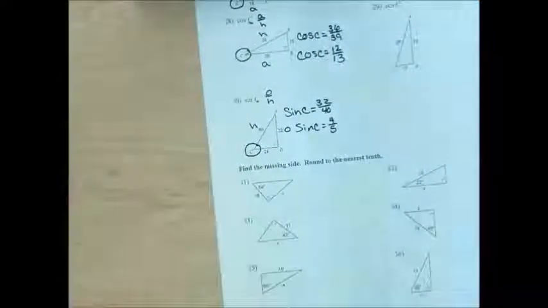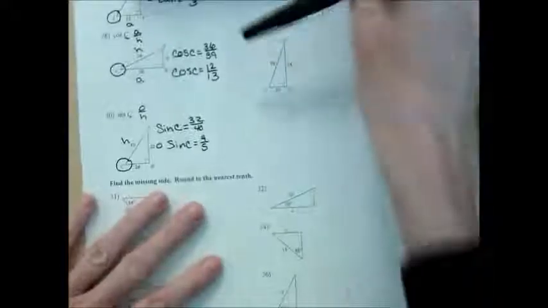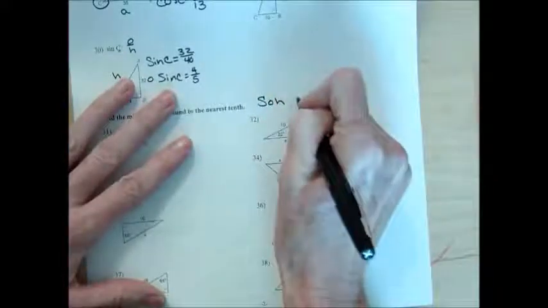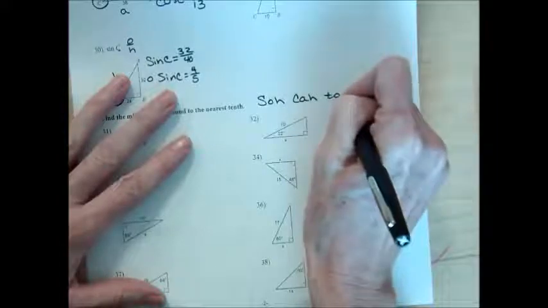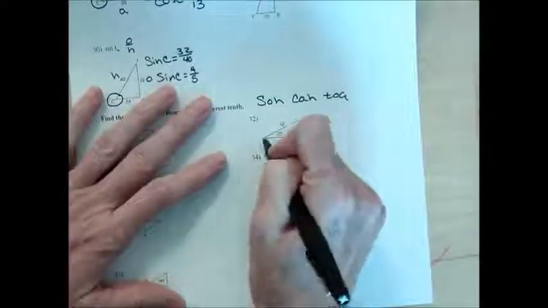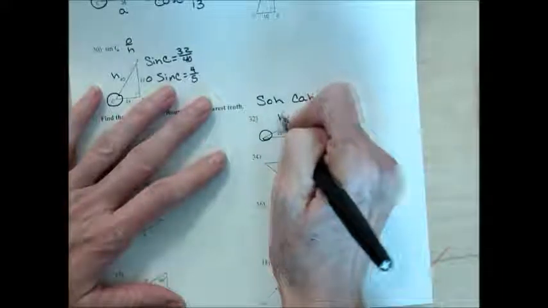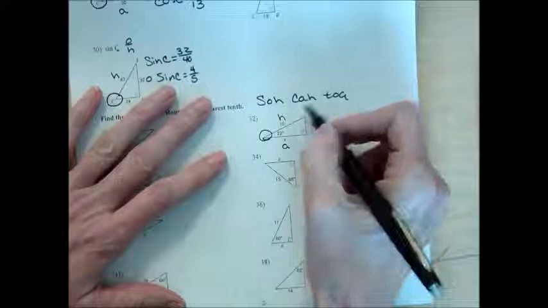All right, find the missing side, round to the nearest tenth. I'm going to use SOHCAHTOA to set up my equations for this. I'm going to then multiply through by whatever the denominator is. The angle is 22 degrees. What's labeled here is the hypotenuse and the adjacent side. Hypotenuse and adjacent is cosine.